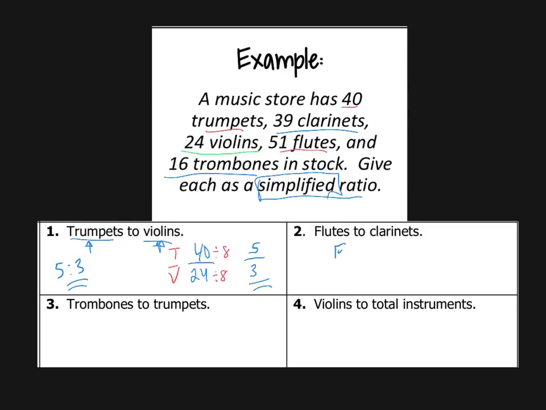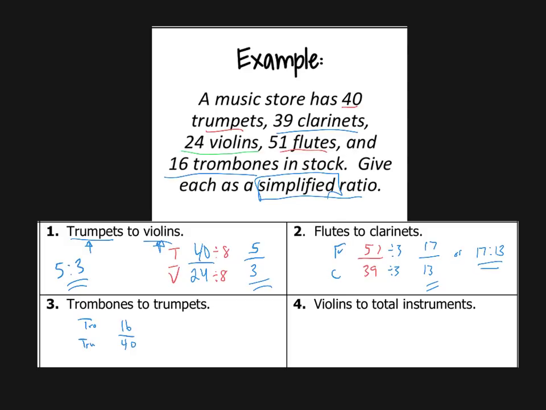How about flutes to clarinets? Well, initially there are 51 flutes and 39 clarinets. These are both divisible by 3. So we'll end up with a final answer of 17 to 13, or 17 to 13. Again, both acceptable answers. Trombones to trumpets.